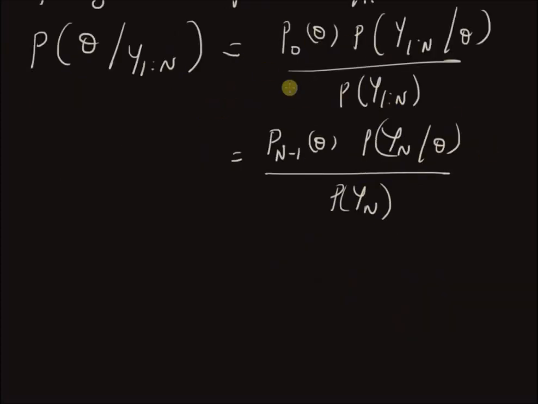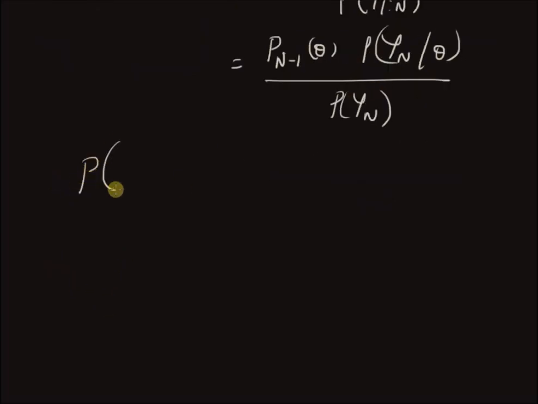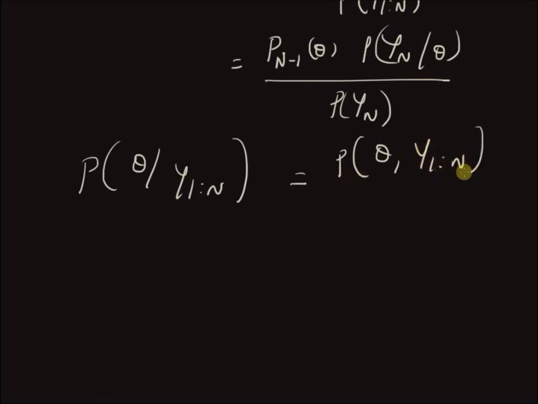First, let us derive the expression here. From the Bayes rule, P of theta given y1 to n, that is the posterior of theta given n measurements, is equal to the joint PDF of the hidden variable and the n measurements over P of y1 to n.